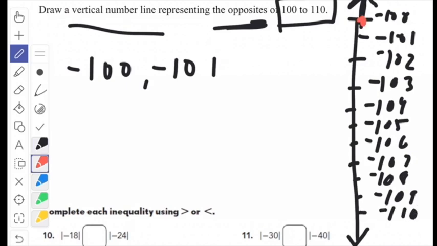Then you need to dot every single number that you have in the data set here. Just remember that a vertical number line is like climbing a mountain, so the highest number goes up top. And when you're dealing with negatives, the greatest value is the number that is closest to 0.